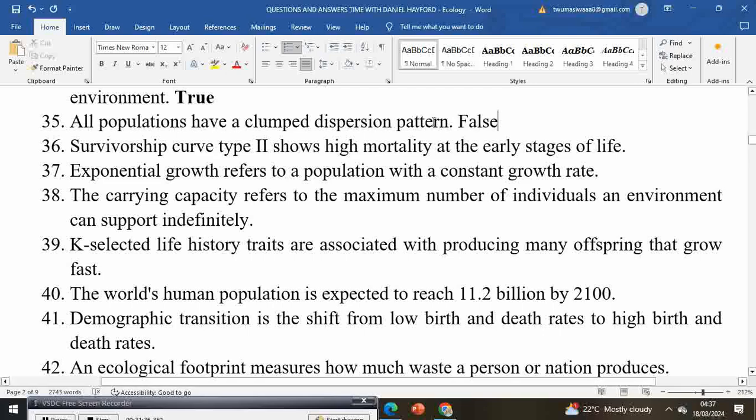It is false. We have random form of dispersion pattern. We have uniform type. So it's not all populations which have a clumped dispersion pattern. The dispersion of a population may be random, it may be uniform.